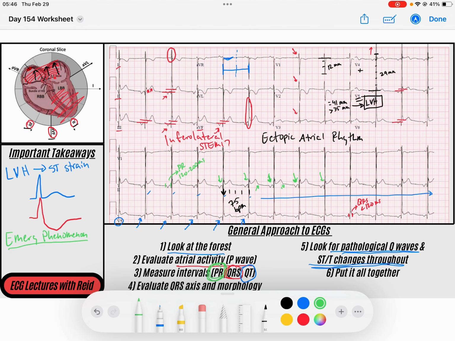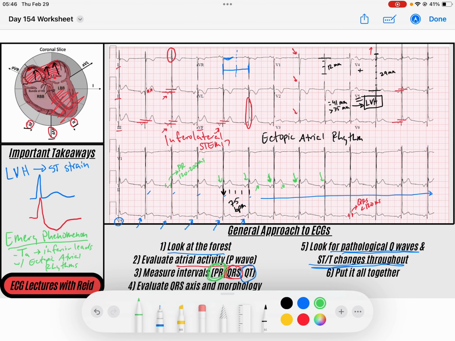However, Emery phenomenon is an occurrence where you can sometimes have what we would call atrial T waves, or T little a, atrial T waves that are more prominent in the inferior leads with ectopic atrial rhythms, right?